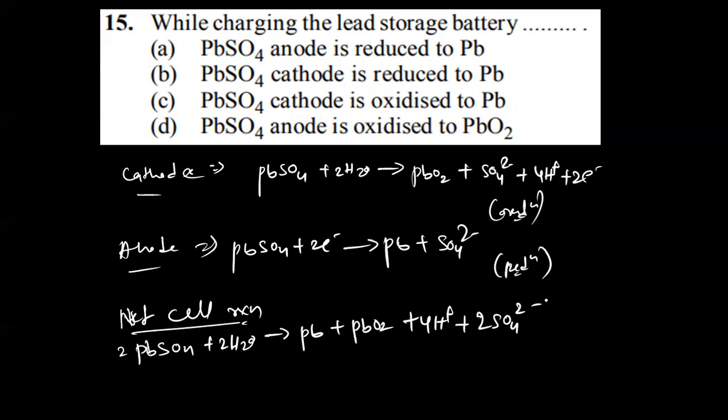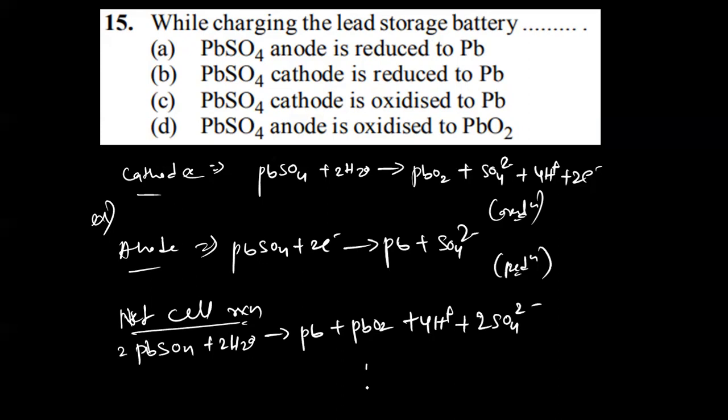So for question number 15, we can opt option A because PbSO4 anode is reduced to Pb.